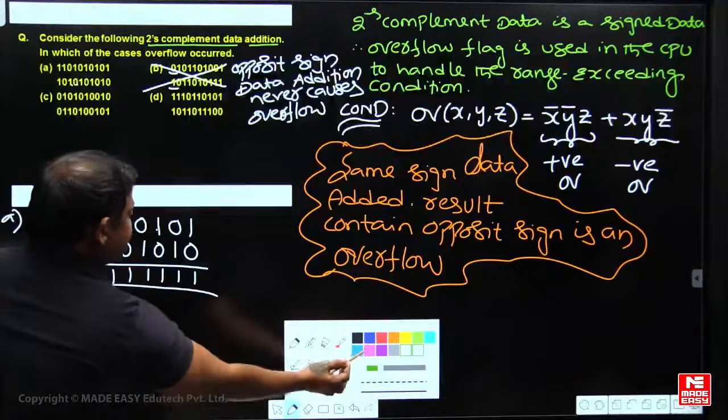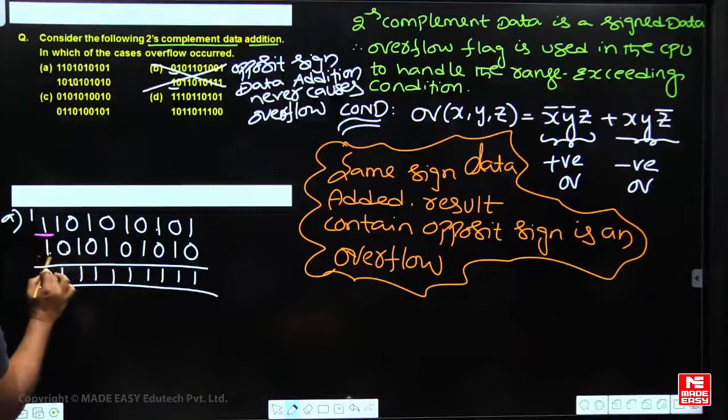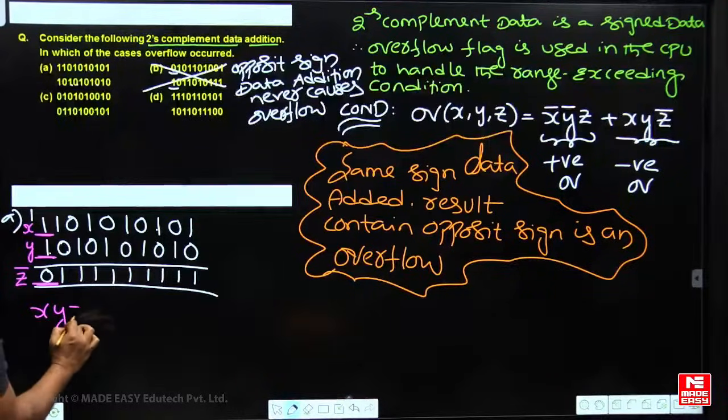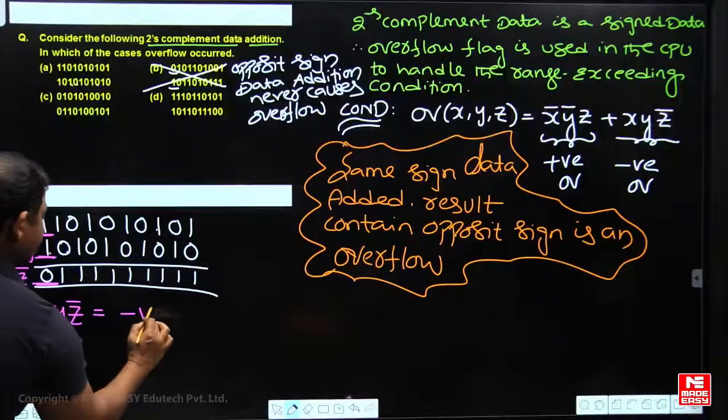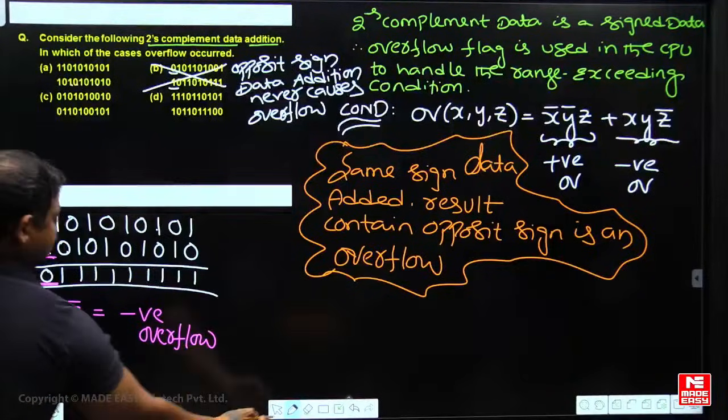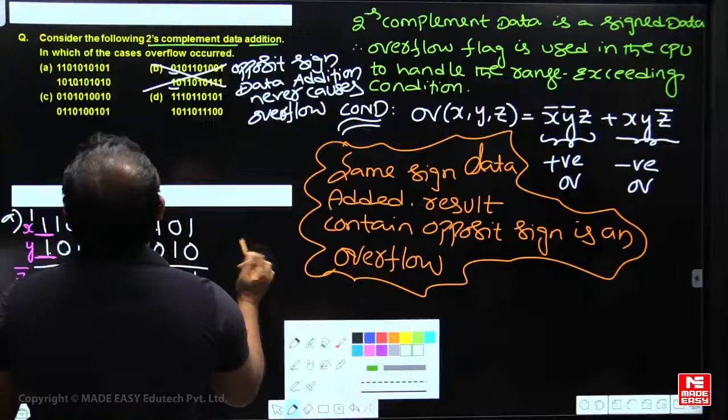Now verify the condition on the MSBs. So this is X, this is Y, this is Z bar. So X Y Z bar equals negative overflow. Here negative overflow is present. Now coming to option B, B is not there.